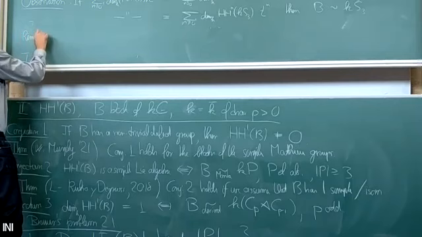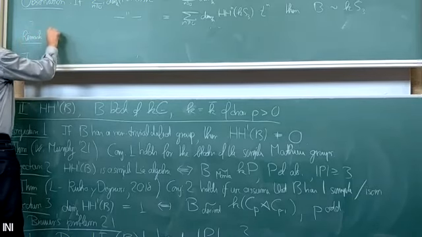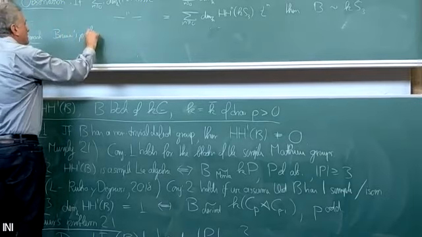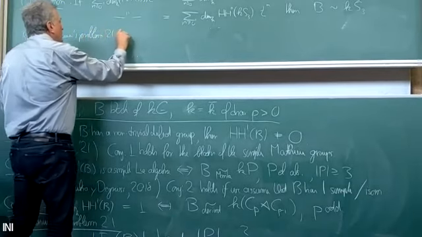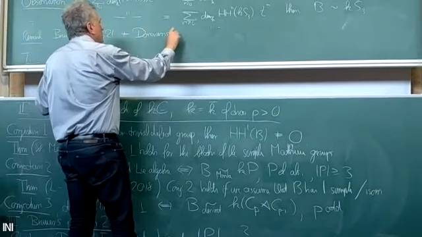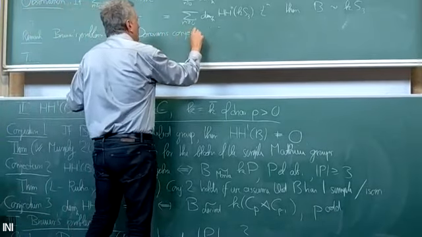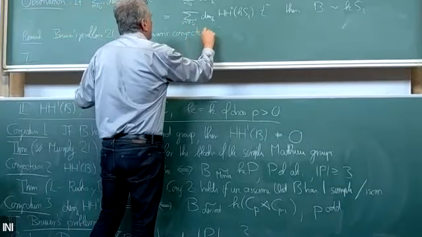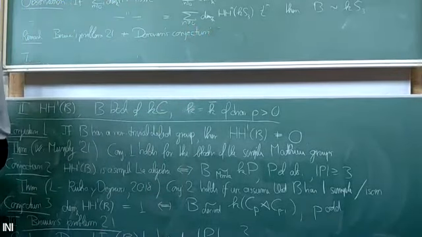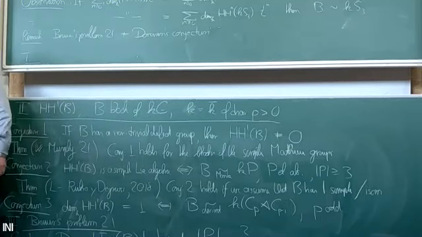So the remark that I want to make to finish this section is that if you put Brauer's problem 21 together with what's known as Donovan's conjecture. Donovan's conjecture is one of those iconic finiteness conjectures, which tells you that given a defect group, there should be only finitely many Morita equivalence classes with that defect group.